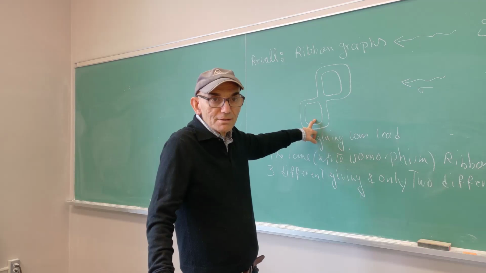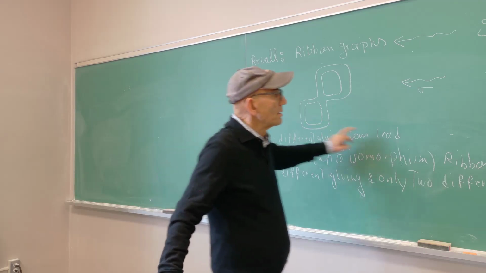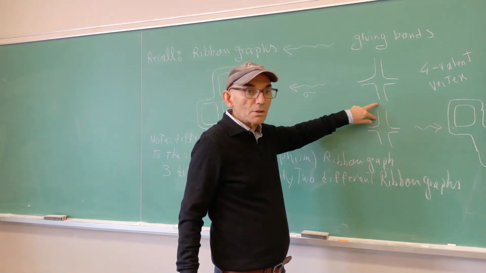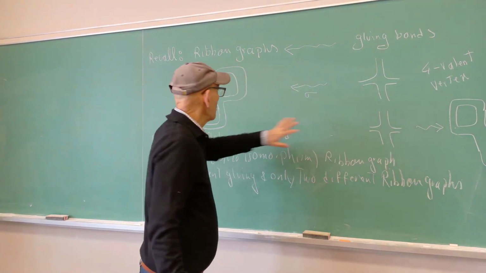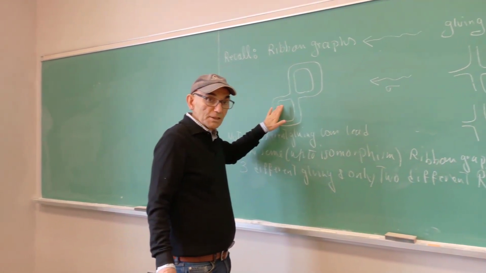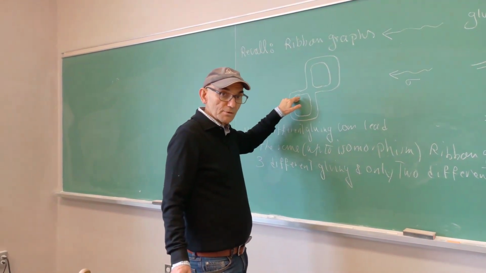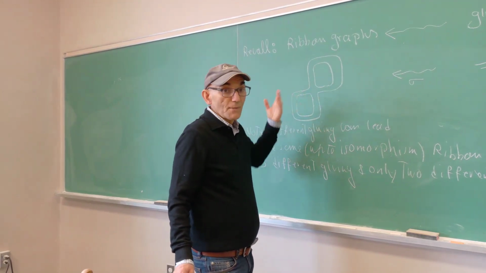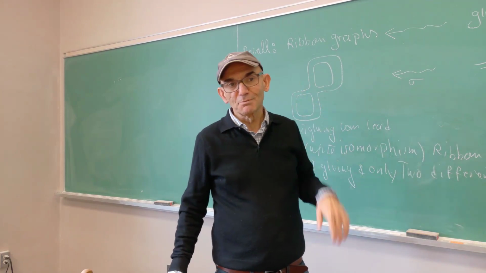The end result of gluing, which I call a ribbon graph, is an oriented Riemann surface with boundary.